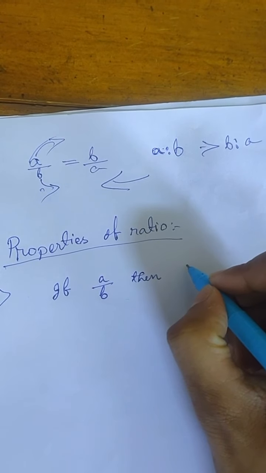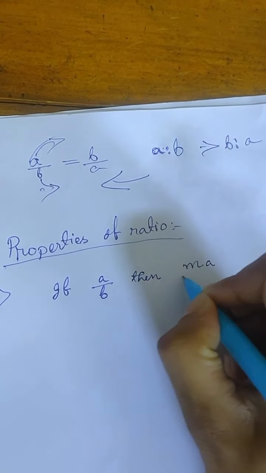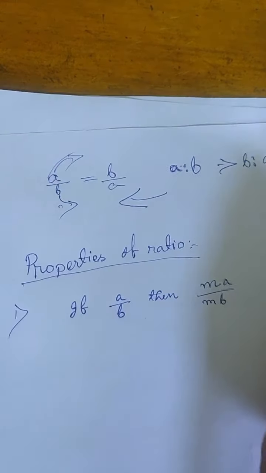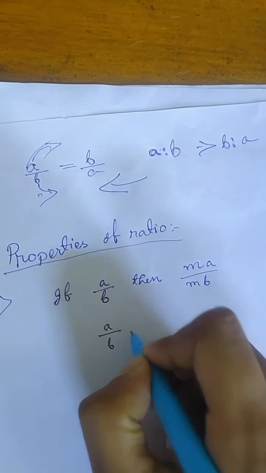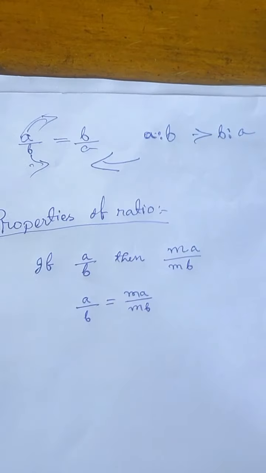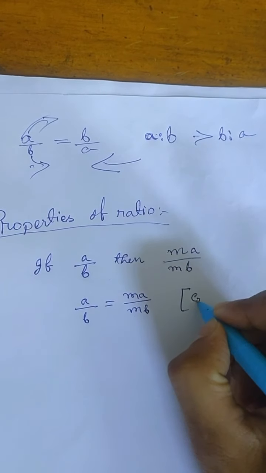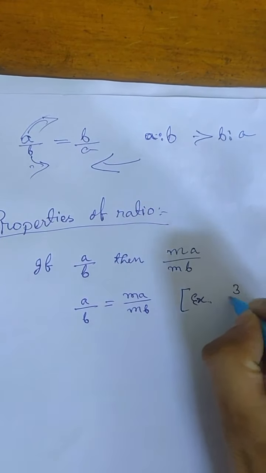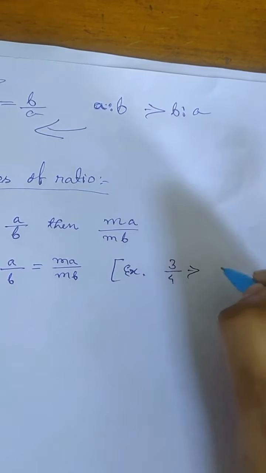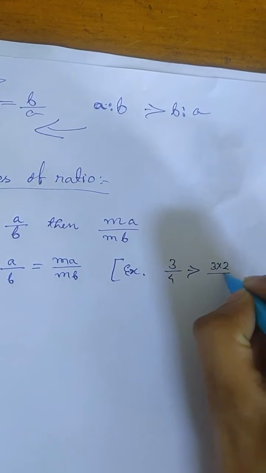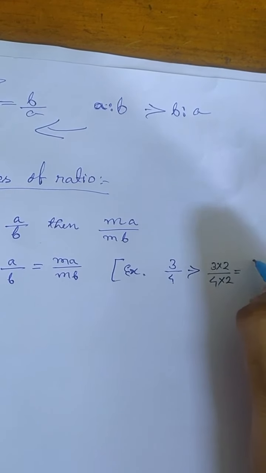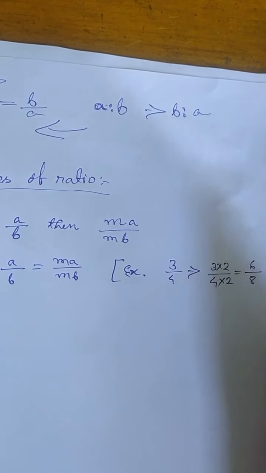suppose MA divided by MB, then A by B will be equal to MA by MB. If we take an example, suppose 3 by 4 was a ratio, then if we multiply, 3 into 2 by 4 into 2 equals 6 by 8.